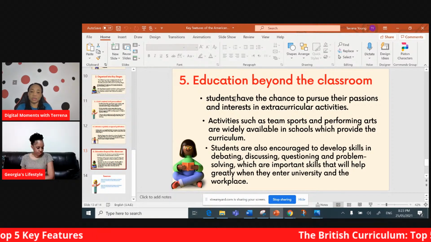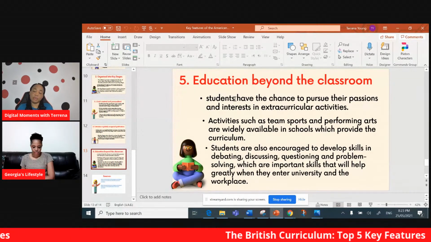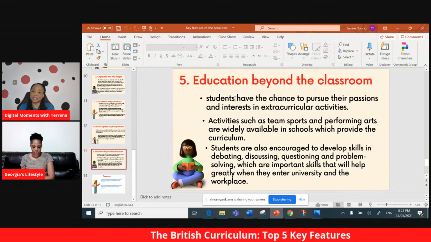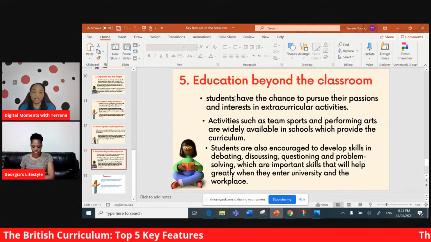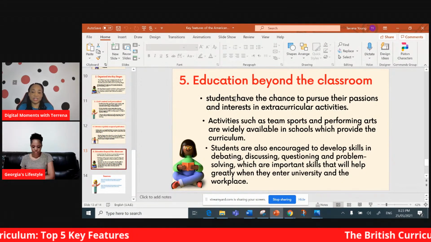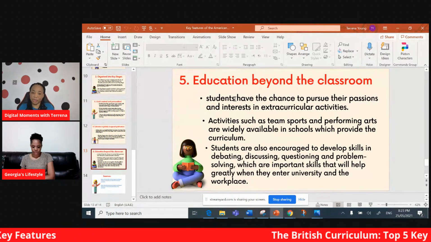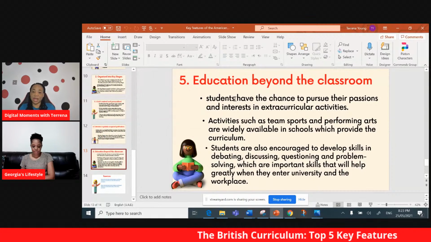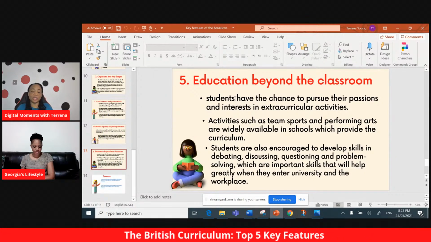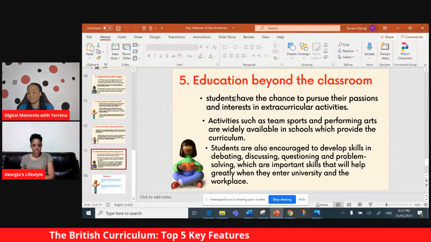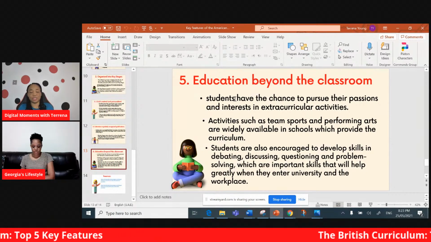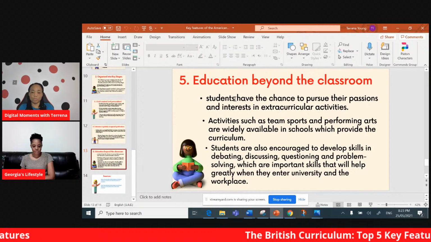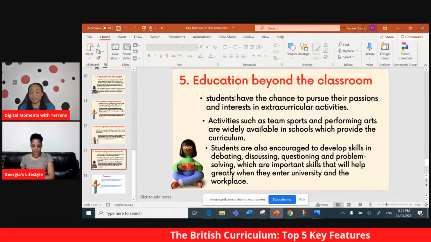Students are also encouraged to develop skills in debating, discussing, questioning, and problem solving, which are important skills that will help greatly when they enter university and the workplace. And when I saw the last point, debating, I used to love watching debate competitions in Jamaica.